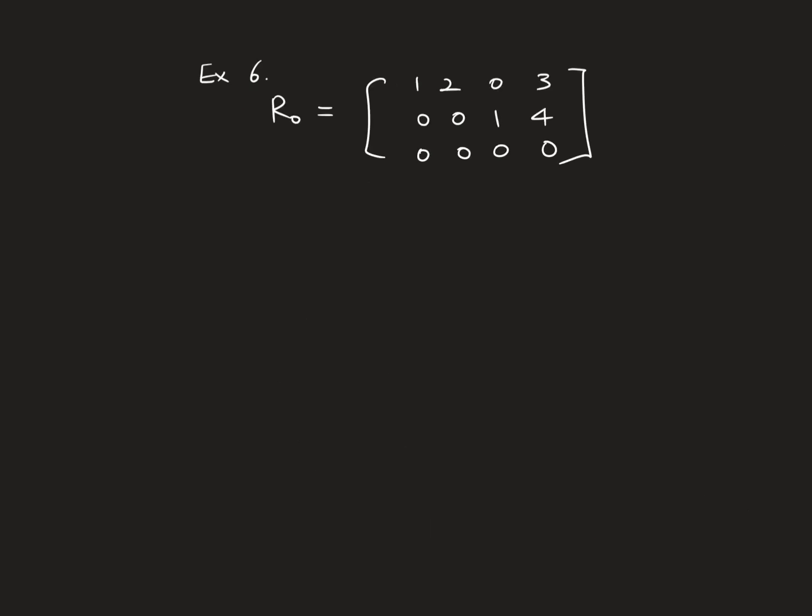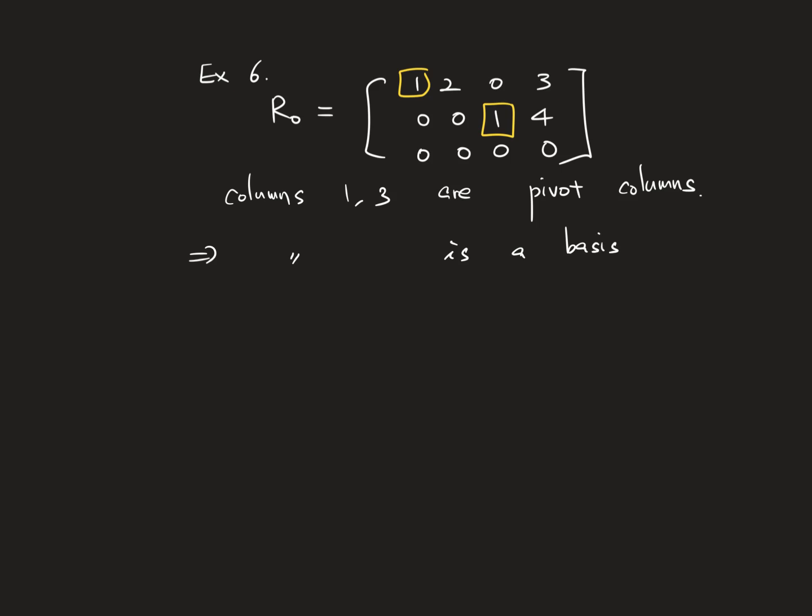And we have matrix R0 here, and we can see we have two pivots. We want to find the basis of the column space of R0. We see that columns 1 and 3 are pivot columns, so columns 1 and 3 are a basis of C(R0).